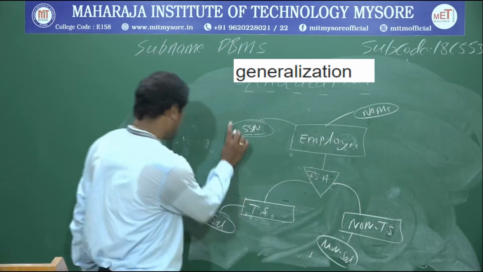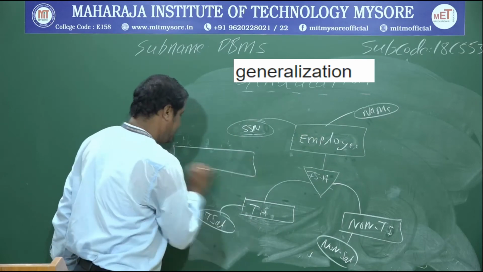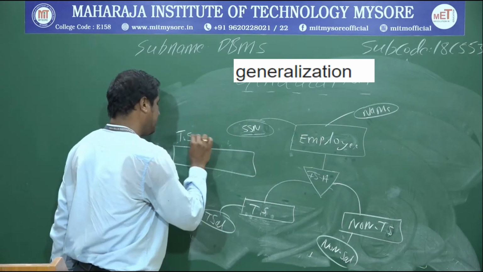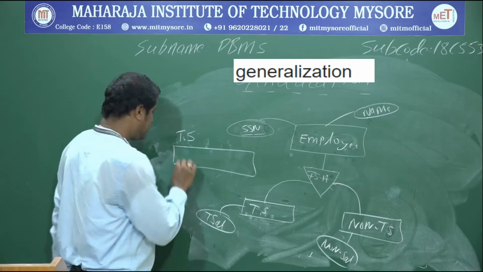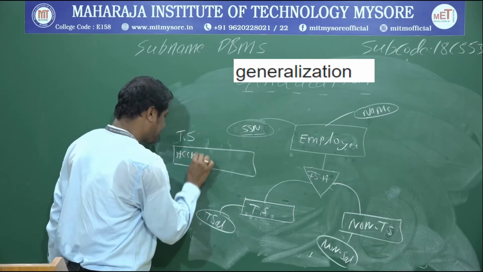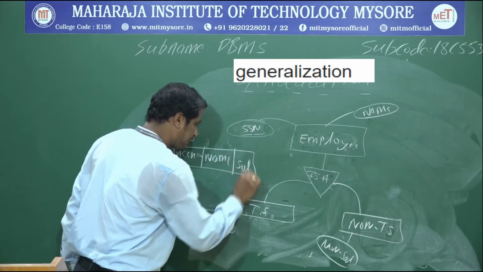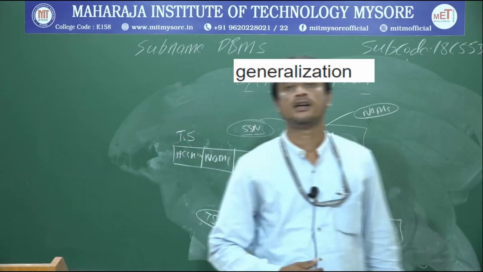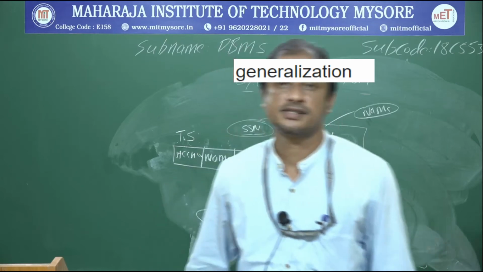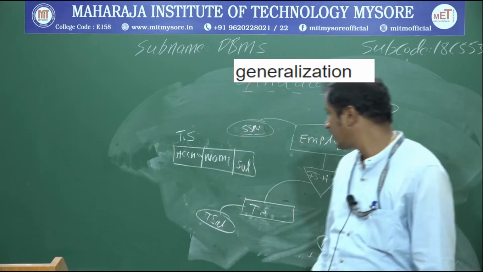Okay. So now if I go for tables, the teaching staff table contains account number, name and salary. Account number, name and salary, right? So this is how it works.